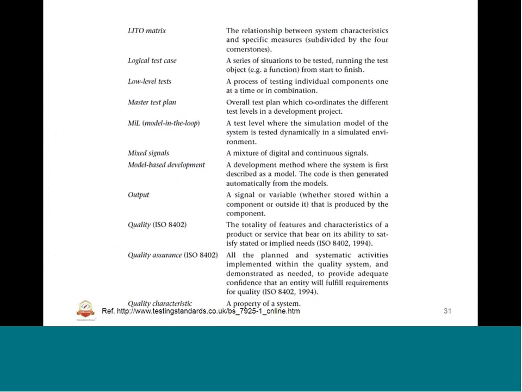We have added some more to the glossary, such as logical test case, low-level tests, master test plan, MIL, model in the loop, mixed signals, model-based development, MBD, output quality, for example ISO 8402 standards, quality assurance, quality characteristics. We will add likewise in each session some of the glossary terms that we need to understand in embedded system testing.